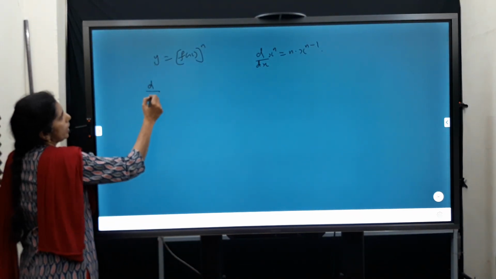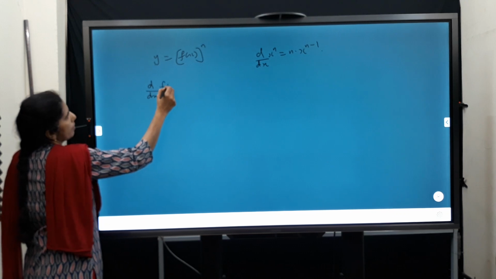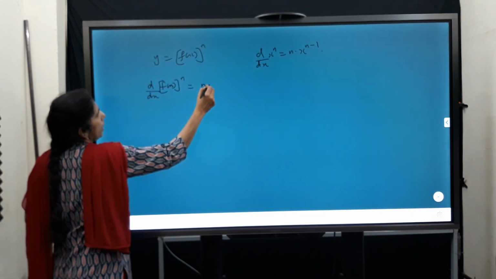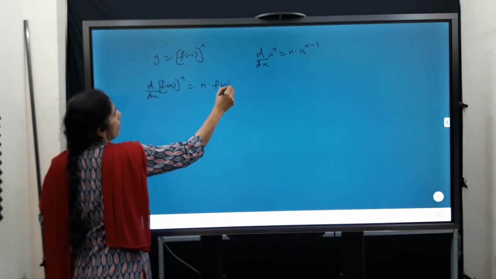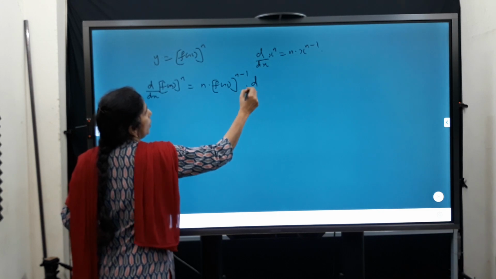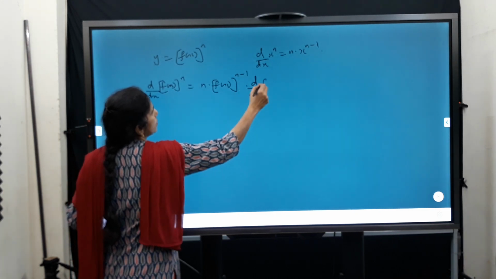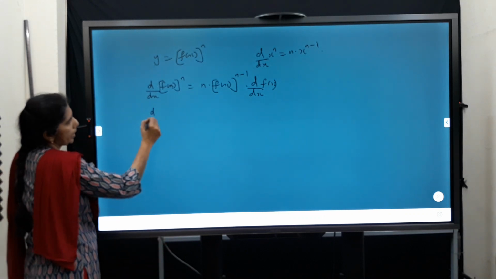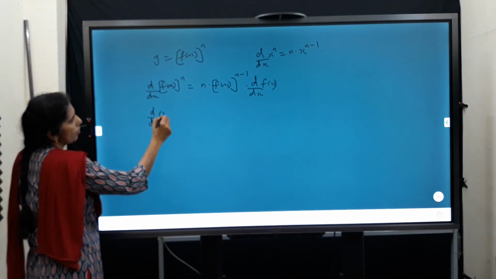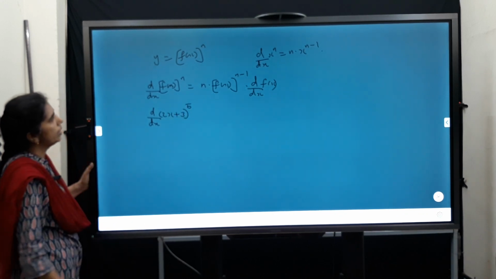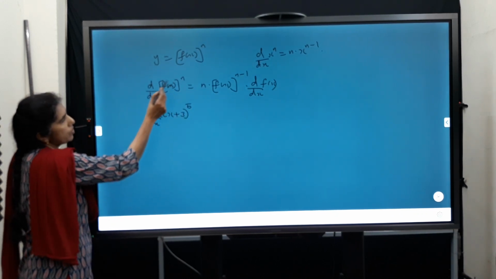So d by dx of f of x raised to n is equal to n into f of x raised to n minus 1 into d by dx of f of x. So, for example, d by dx of 2x plus 3 raised to 5. This is of the form f of x raised to n.